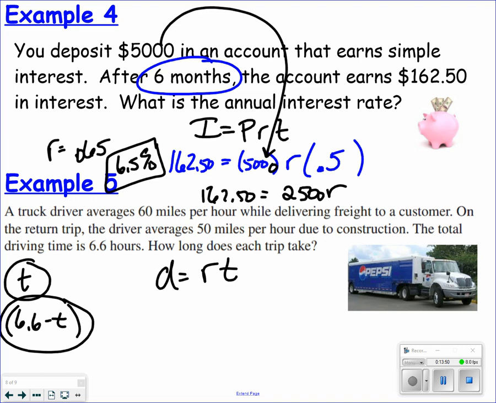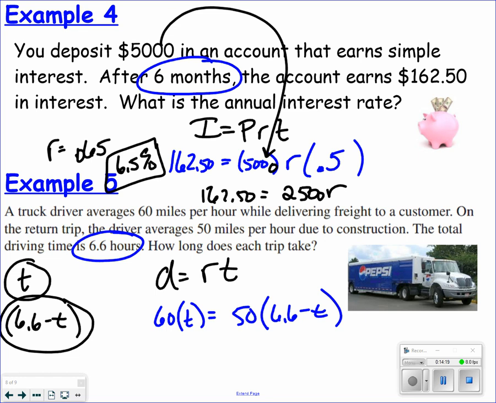So the R and T in one scenario is the same as the R and T in the other. So 60 miles an hour at a rate of T would equal 50 miles an hour at a rate of 6.6 minus T. So again, we know the total time it's traveling. One way is going to be T and the other way is going to be 6.6 minus that.